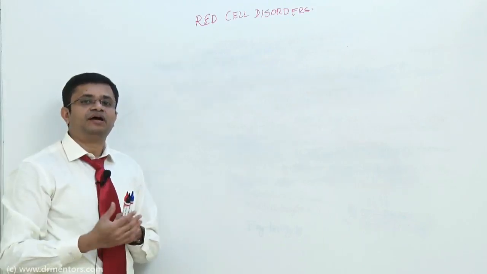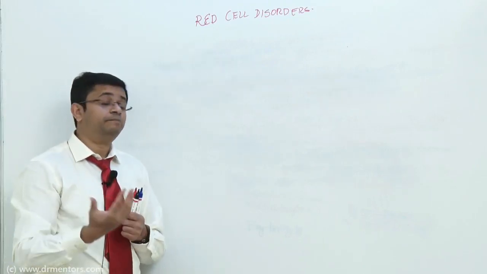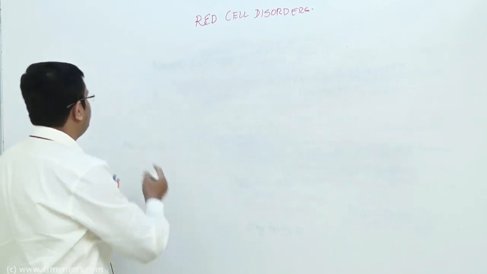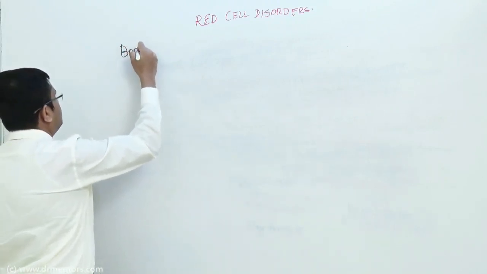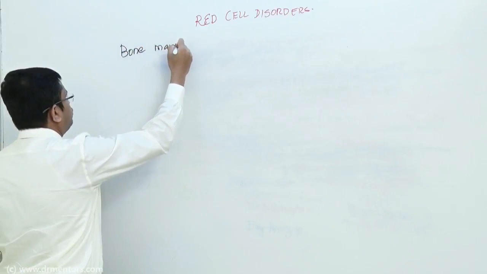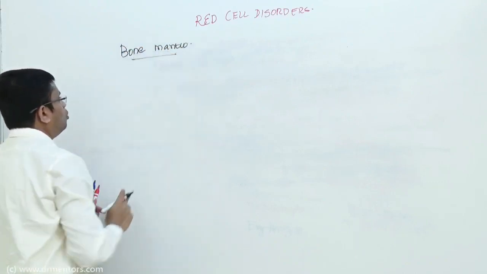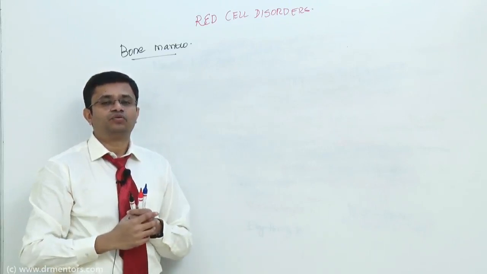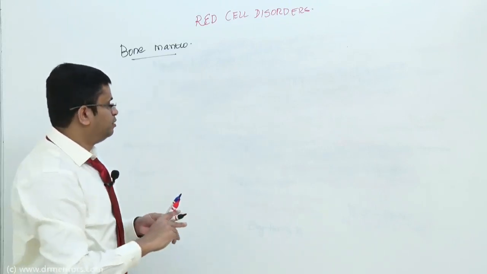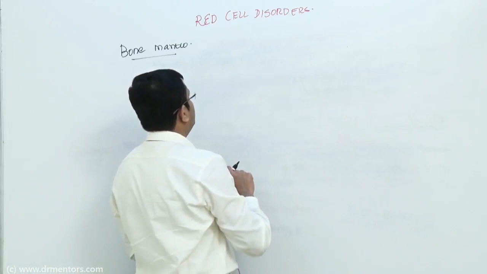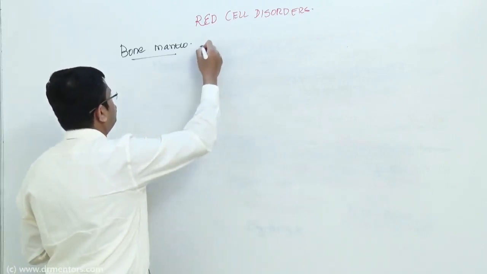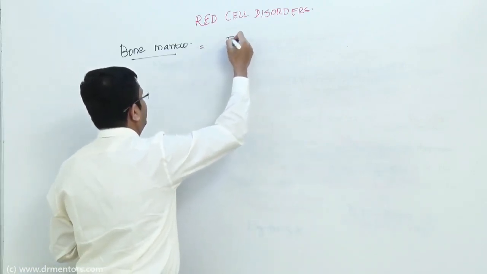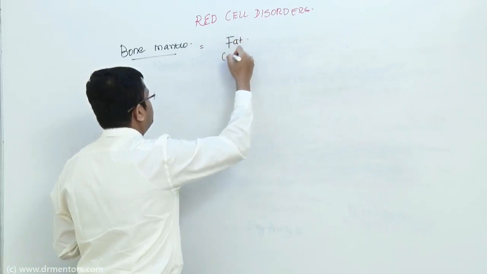We'll now shift our gear to bone marrow. We will learn some normal values, because you may get some questions in your exams. What are the normal values of the bone marrow? Bone marrow is made up of two things. One, fat, adipose tissue.